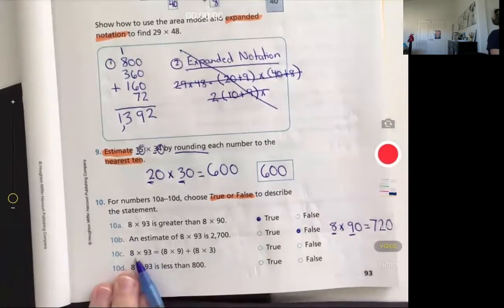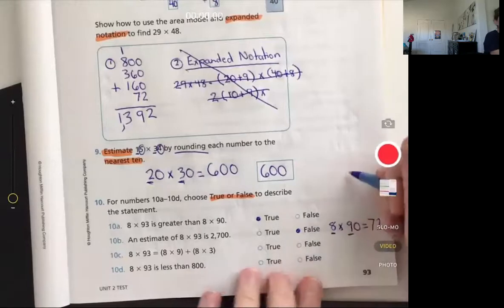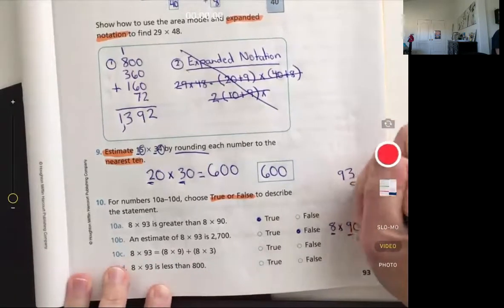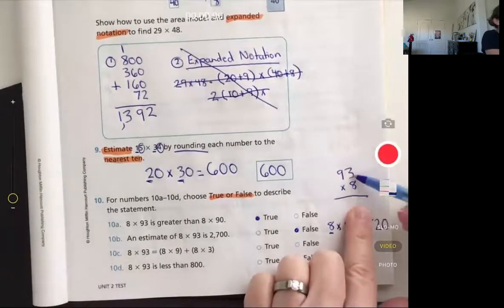How about C? 8 times 93 can be 8 times 9 plus 8 times 3. Yeah, it can. I'm going to write it up here. 93 times 8. It's just like when you're doing it this way.